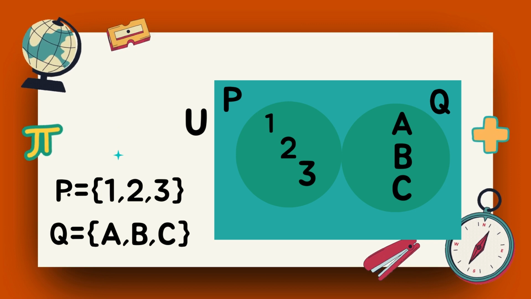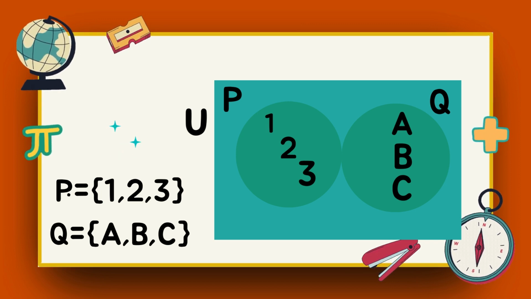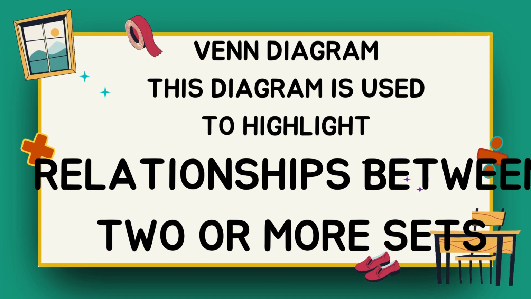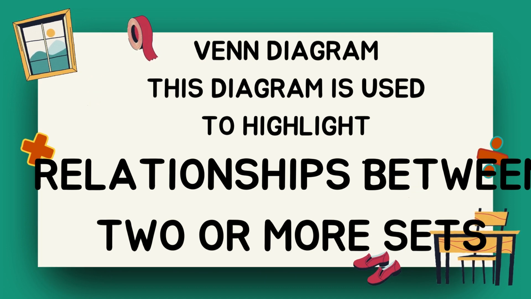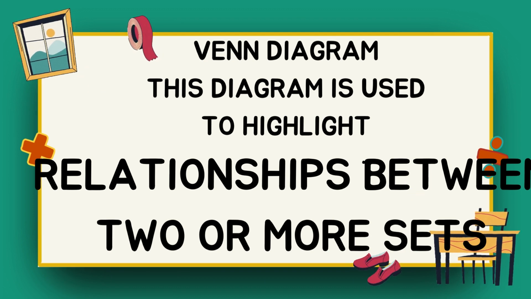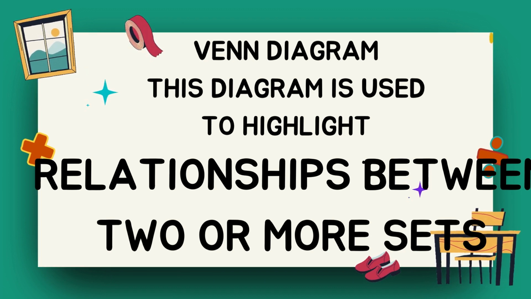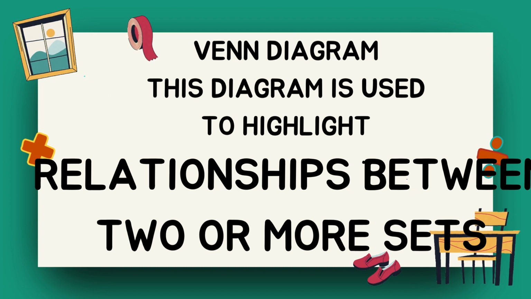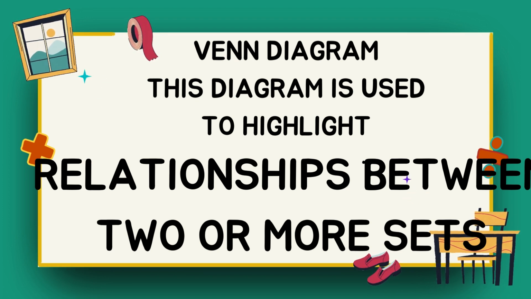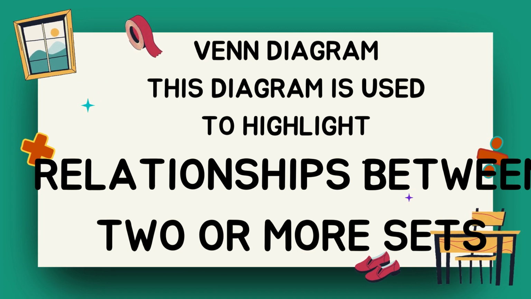Let's look at Venn diagrams. This diagram is used to highlight relationships between two or more sets. Do you know of different relationships between two or more sets? I will show you a few examples. Let's take a closer look.